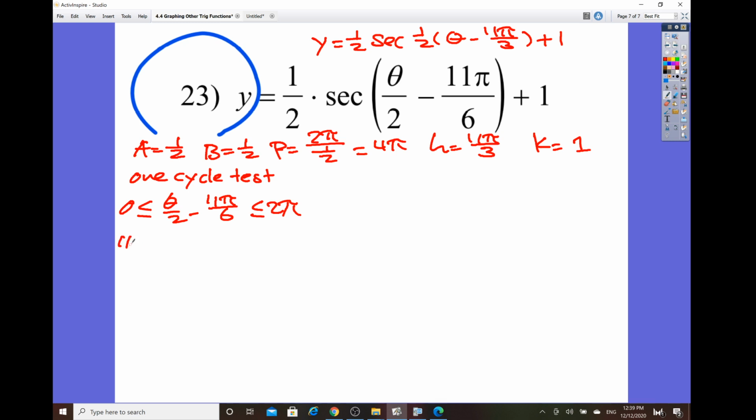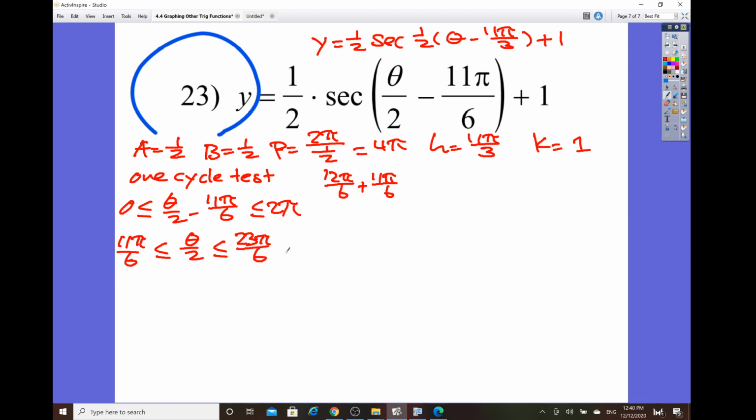So we got 11 pi over 6 on the left, less than or equal to theta over 2, less than or equal to, well, this one is written as 12 pi over 6 plus 11 pi over 6. Then that'd be 23 pi over 6.